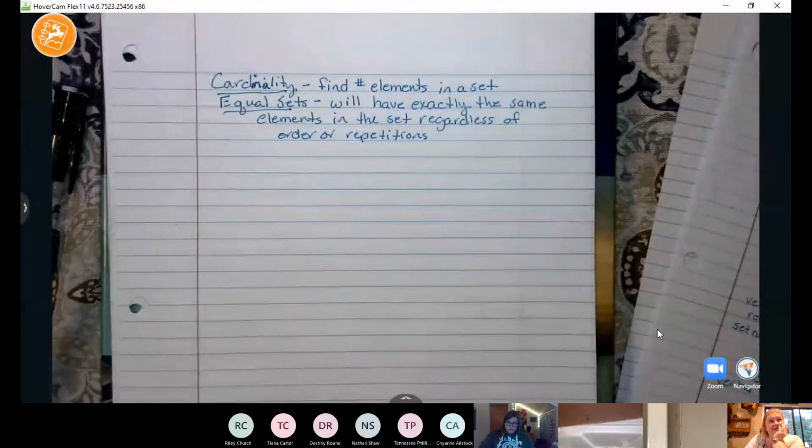Equal sets mean you have exact same elements in the set, regardless of the order or if the elements repeat. If an element repeats, we really don't count it twice. We just count it as one element.